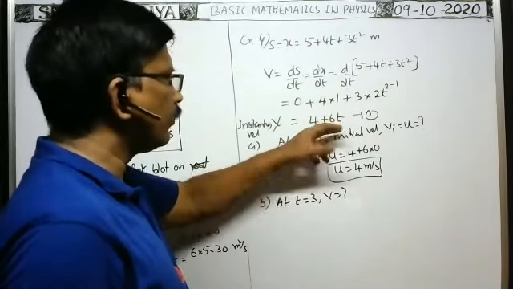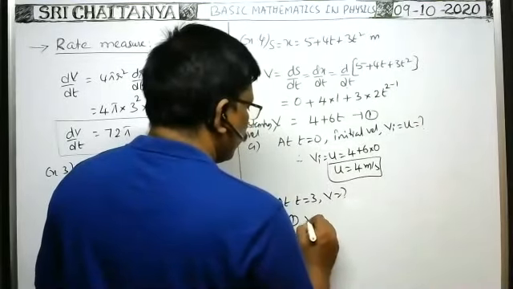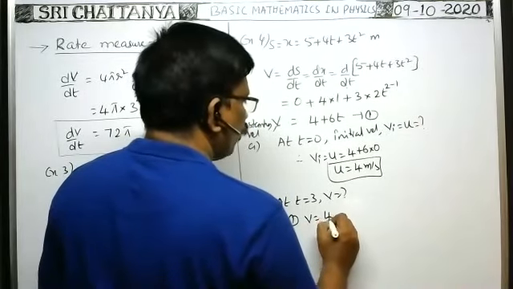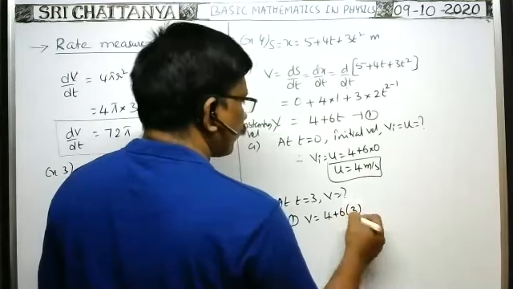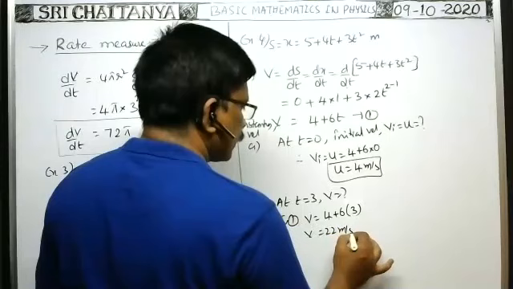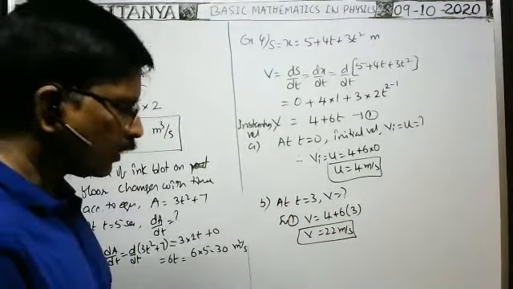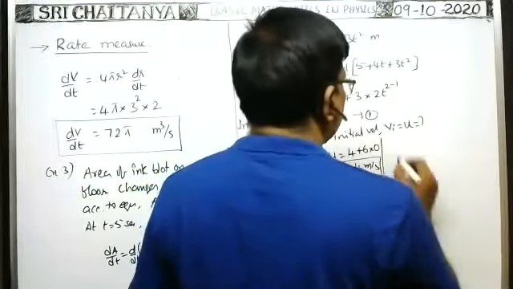Substitute t = 3 in this equation, then you will get the velocity at 3 seconds. So v = 4 + 6 into 3 = 18 + 4 = 22. So v is 22 meter per second. It is the velocity at 3 seconds, 22 meter per second.